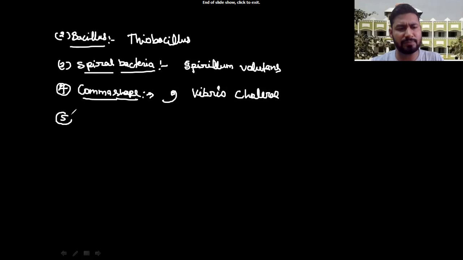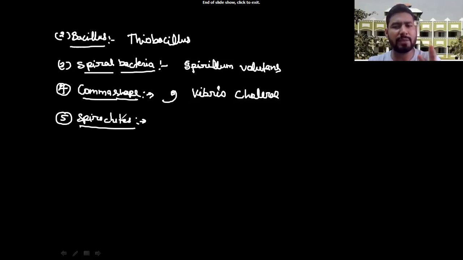The fifth one is spirochetes. This is similar to the spiral, but the length of spirochetes is more than Spirillum.